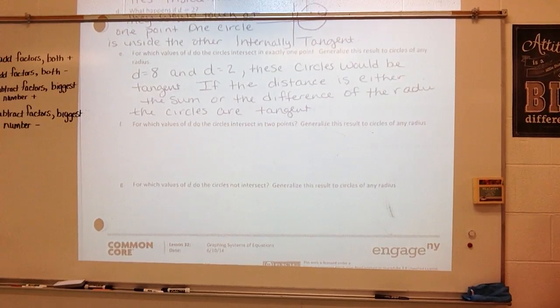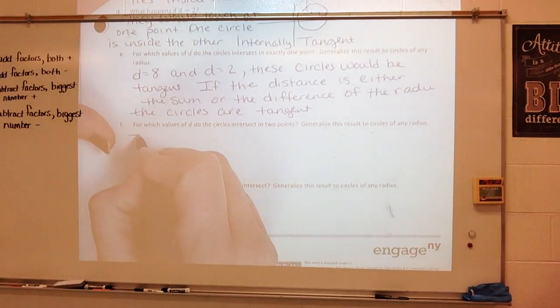So for which values of D do the circles intersect in 2 points? Alright. Generalize the results of the circle. So where do they intersect at 2 points? Well, we never did see one that had 2 points. So it would have to fall somewhere between 2 and 8.